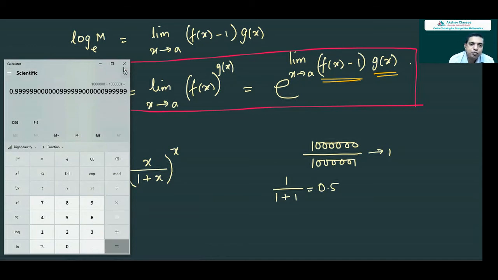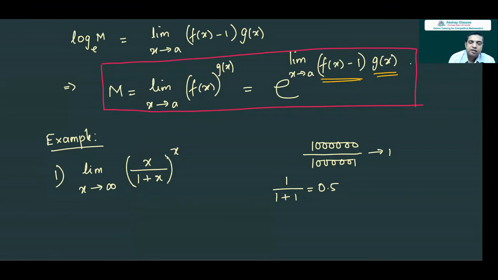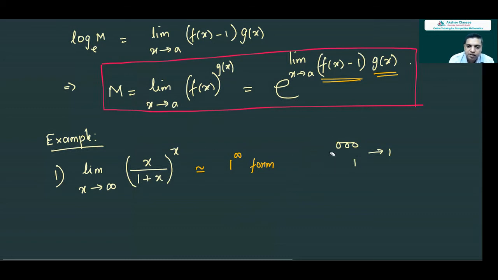So this is tending to 1. So this is 1 power infinity form. F of x is approaching 1, raised to the power g of x. G of x is going to infinity.